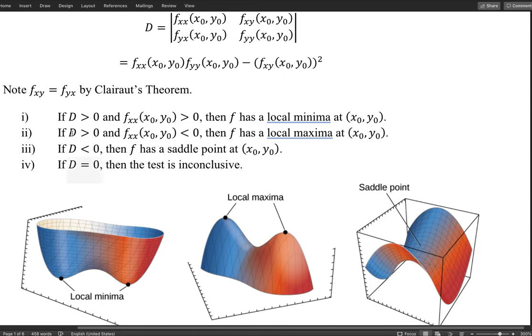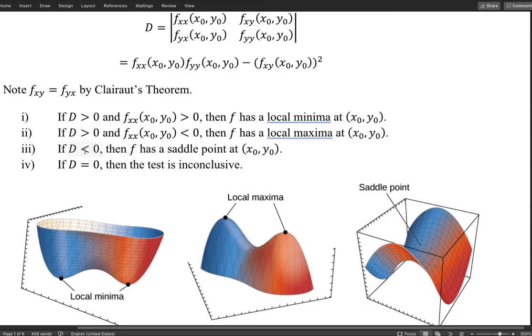And certainly, you do need to check the value of D, the uppercase D. The uppercase D roughly can be considered as the determinant of the second order partial derivatives. It's a 2x2 square matrix. If D is positive, we possibly could have a maximum or minimum.